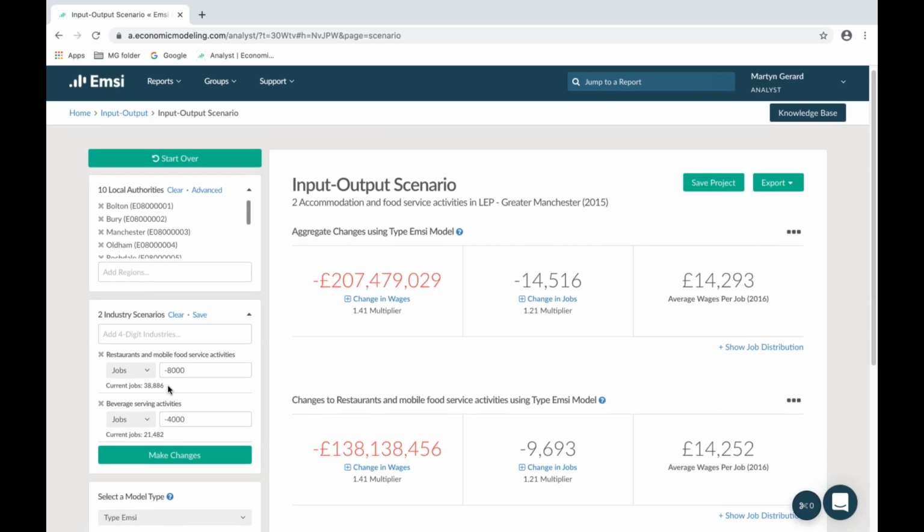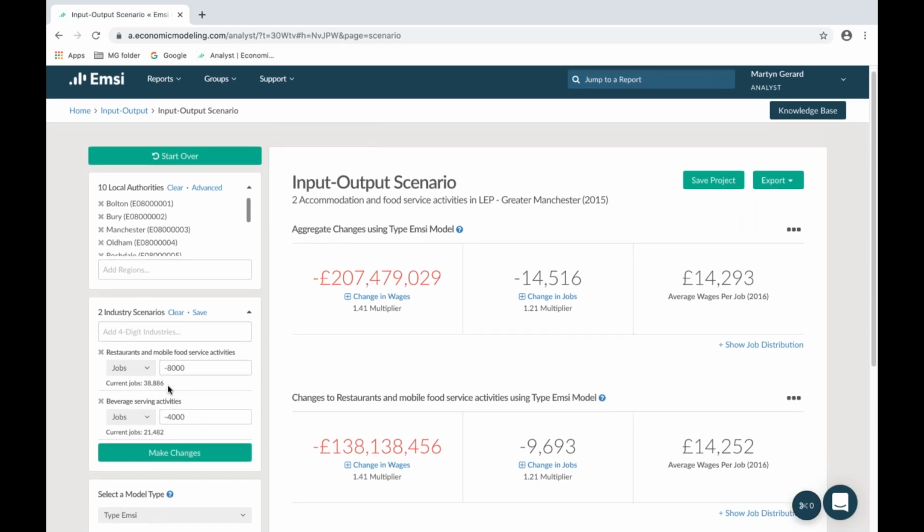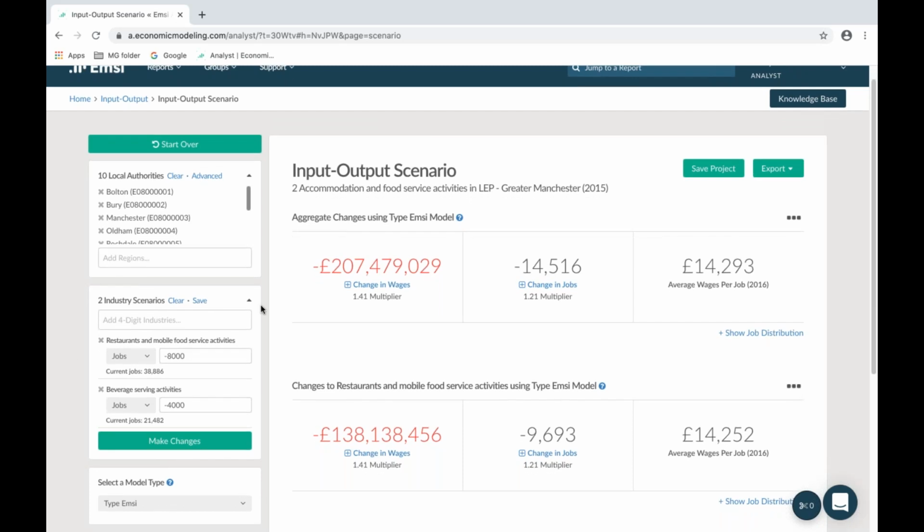Essentially, what we're looking at here, though, is a model that is a proprietary model that MZ own. It's a mathematical representation of the economic relationship among industries in a particular region. So there's a particular focus on how much each industry purchases from surrounding industries and the effect that has on the wider economy at a local level.